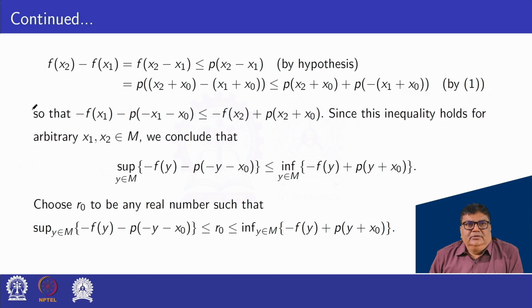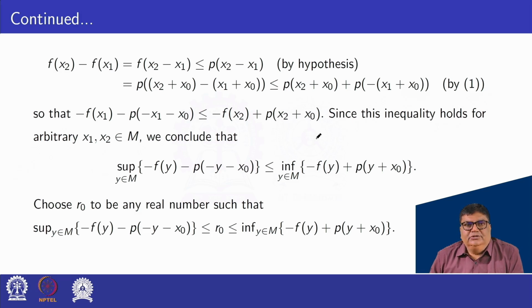Okay, so that, minus f of x1 minus p of minus x1 minus x0, this part. Okay, minus f of x2 plus p of x2 plus x0.